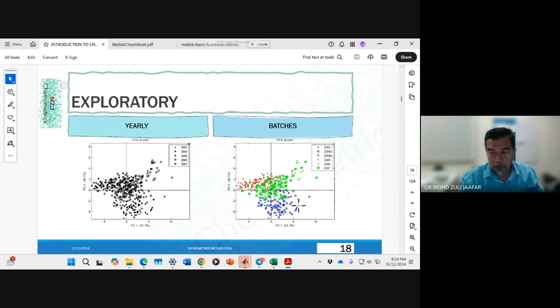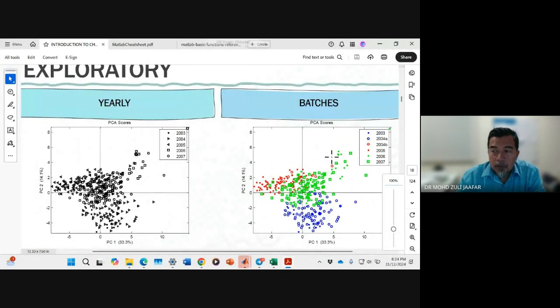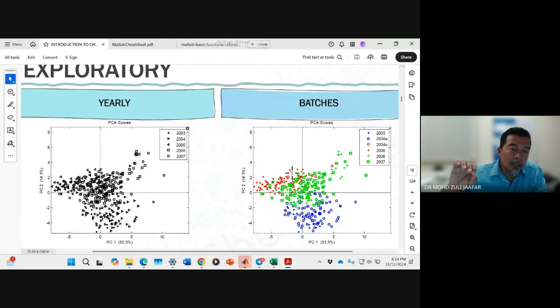I try to give the situation that we have here. So you have no choice. When you collect the sample, you have to analyze the data at that particular time by using that particular instrument, the technology that you have in 2003 and 2004. And you run another experiment, you collect the sample, but now you have new machine, you have new idea. So you have to run it in another year, 2004 and 2005.